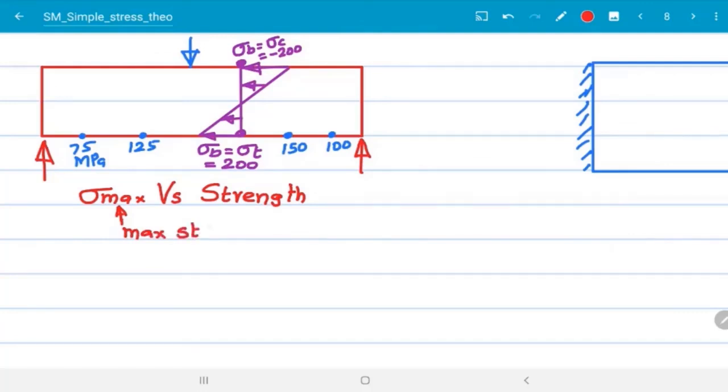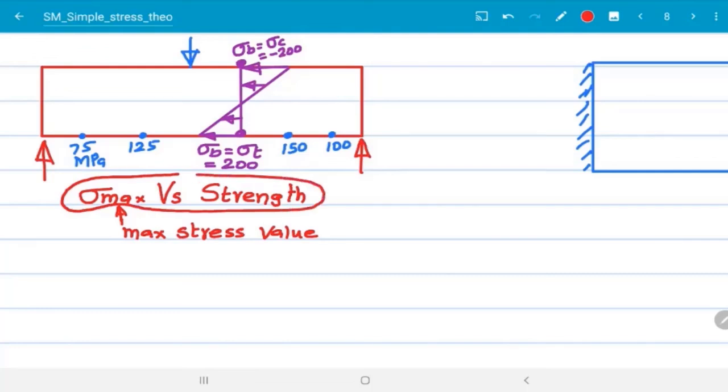Sir, I have a doubt. Sir, you said the maximum this material can take is, for example, 175, right? Yes, strength. So what if instead of 200 there was also 190? Would we consider 190 or 200? Which is 190, strength? No, sir, not the strength, the stress value, the tensile stress value.